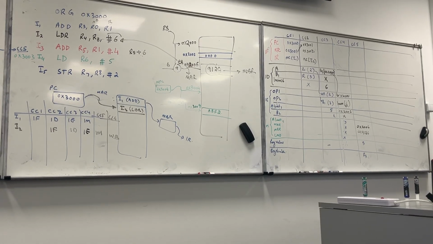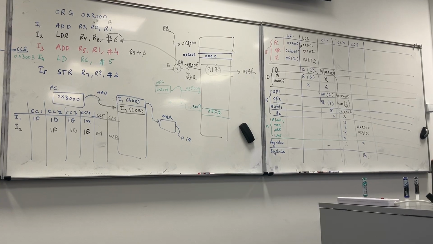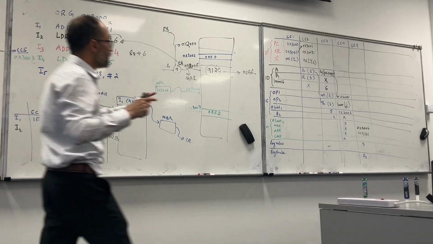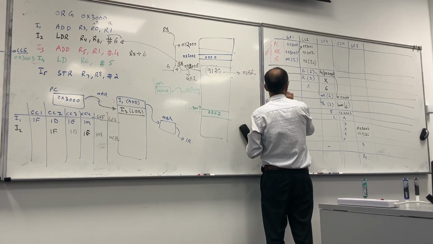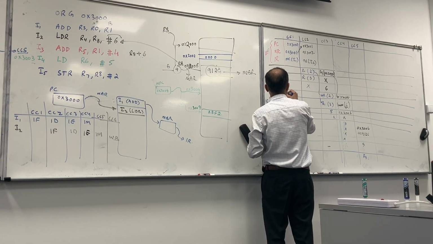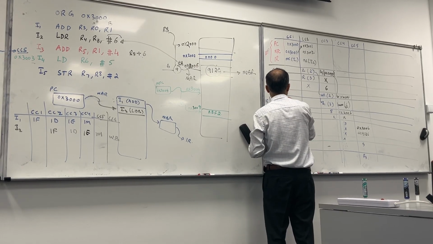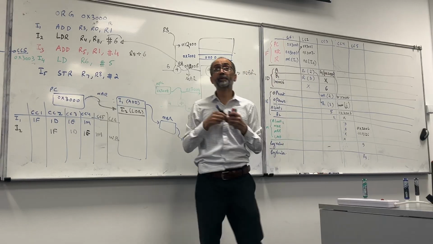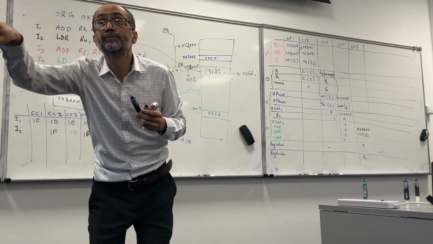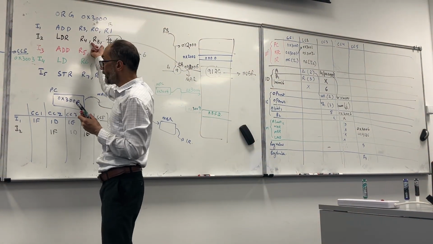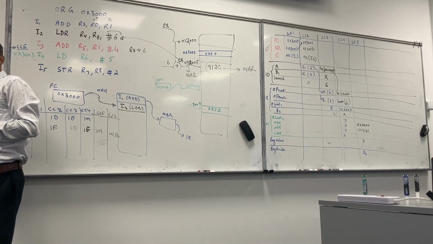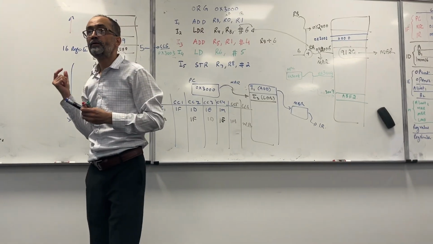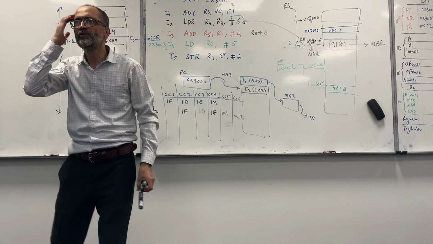Operand 1 will be the content of the base register R8, and the address of R8 is something else. Why are you confusing it with the address of R8?